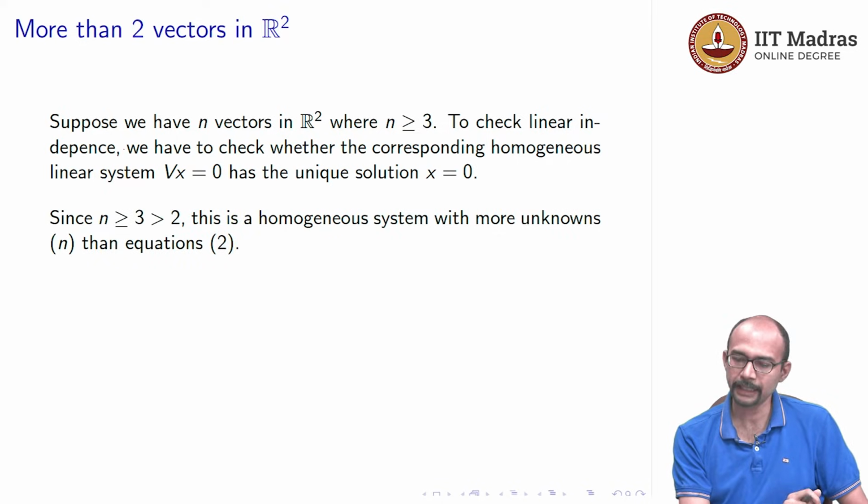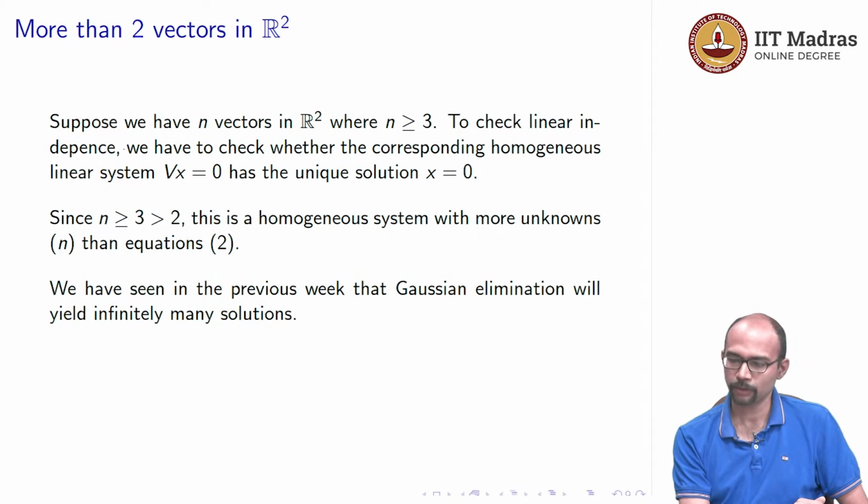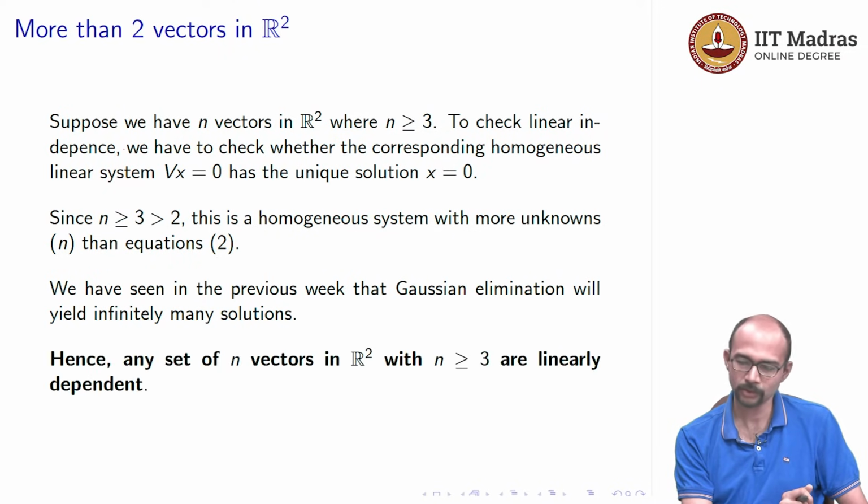Okay. But on the other hand, since n is at least 3, which is strictly bigger than 2, this is a homogeneous system with more unknowns than equations. So, we have seen in the previous week that Gaussian elimination will yield infinitely many solutions. Okay.